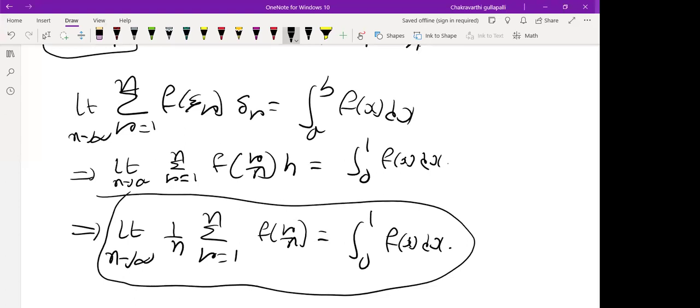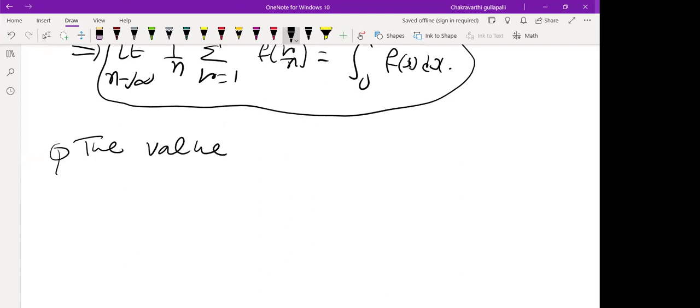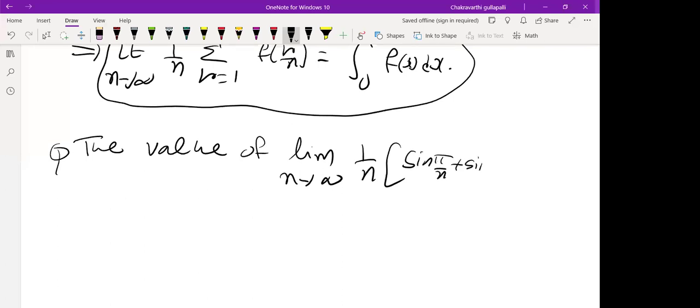This is one of the best applications, I'll try to work it out. You cannot even imagine that the question is from this area. So the value of the limit, n tending to infinity, of 1 by n times sin pi by n, sin 2 pi by n, and so on, sin n pi by n is equal to dash.